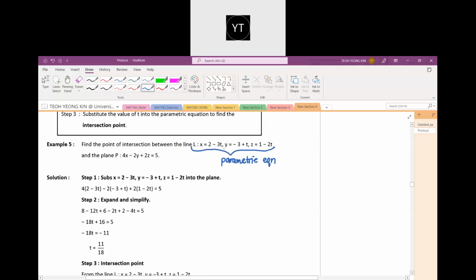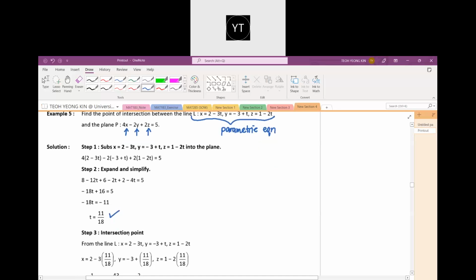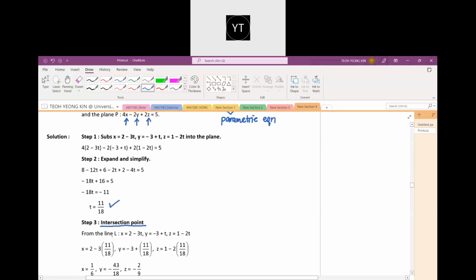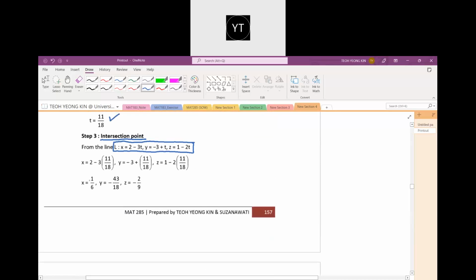We substitute this x, y, z into the plane, expand and simplify, and then we get the value of t. From this value of t, in order to find the intersection point, we substitute into the parametric equation. When you substitute, you get the values of x, y, z, and this is our point of intersection between the parametric line and the plane.